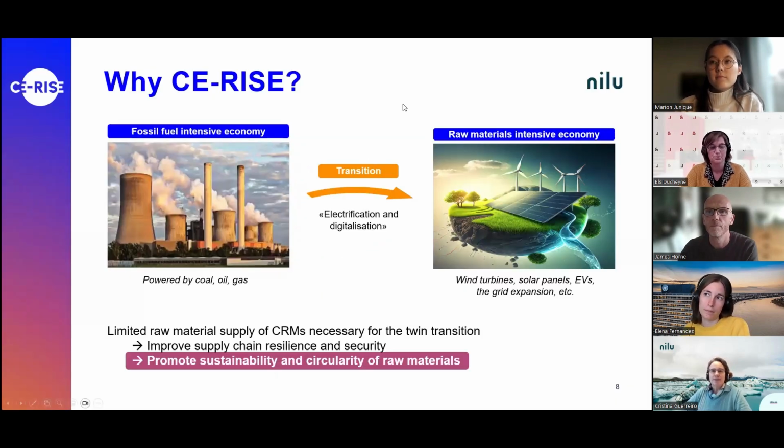So why DiCE? Europe is transitioning from a fossil fuel intensive economy to a raw materials intensive economy. This is driven by the energy and the digital transitions. And renewable energy technologies, batteries, digital devices, computers, etc., which are needed for these transitions, raise considerably the demand on critical raw materials.